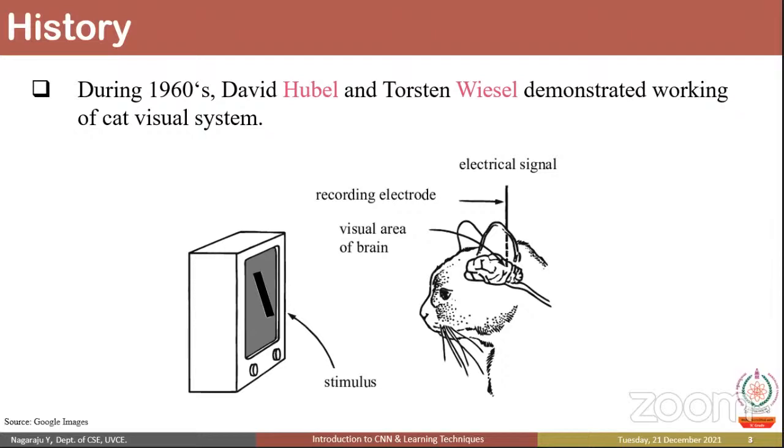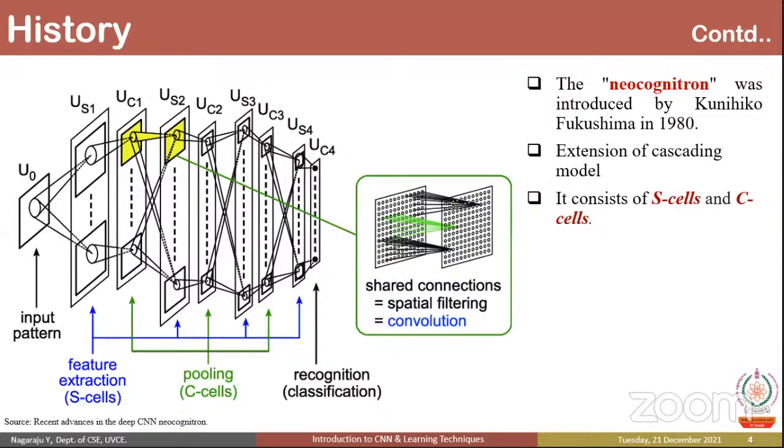Okay, so then after this, if we consider only convolutional networks, then comes a model called neocognitron. Okay, neocognitron. Actually, there is a debate. Some people say this is the first convolutional network.